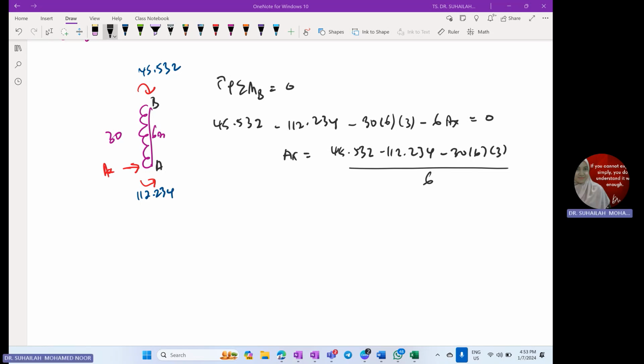So at this step, we actually apply what we call static equilibrium in order to calculate AX and DX. 45.532, we minus 112.234, we minus 30 times 6 times 3.